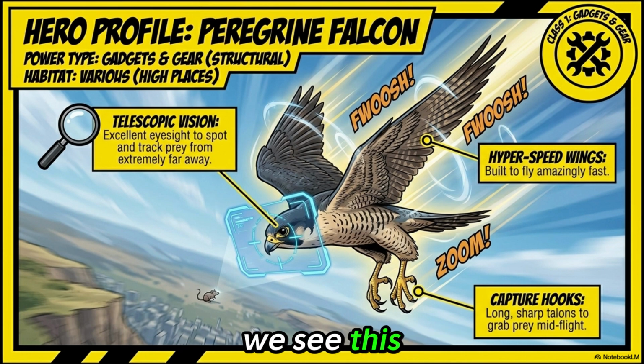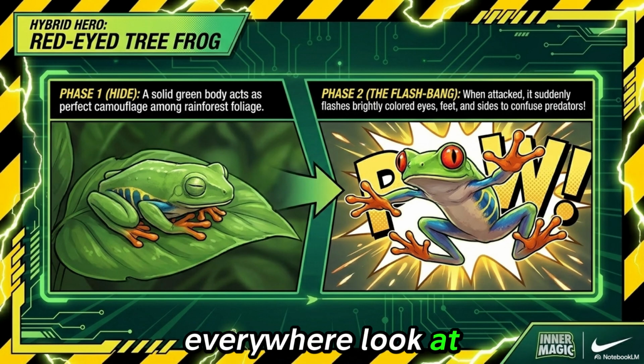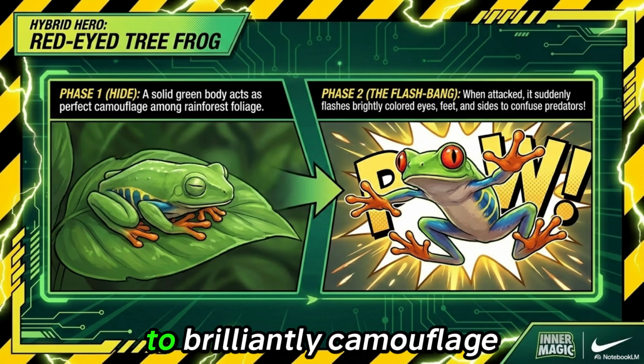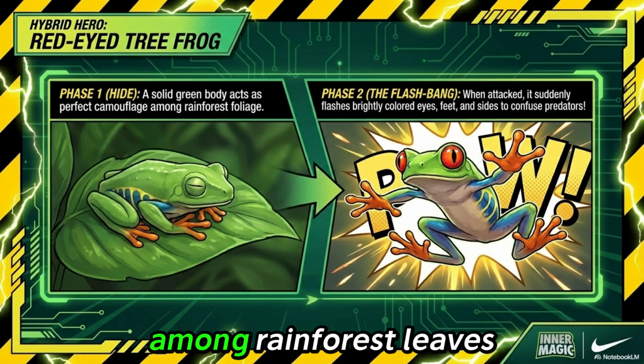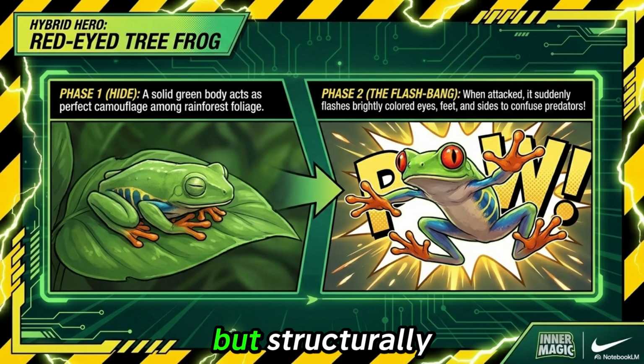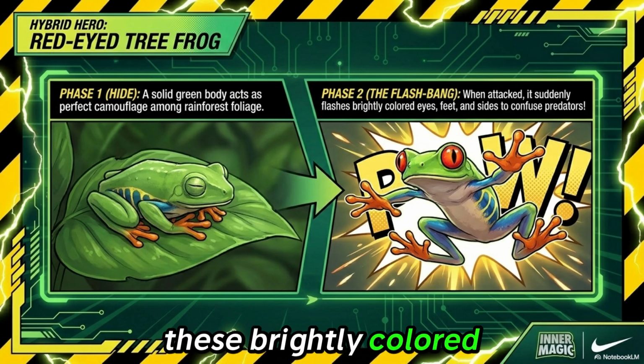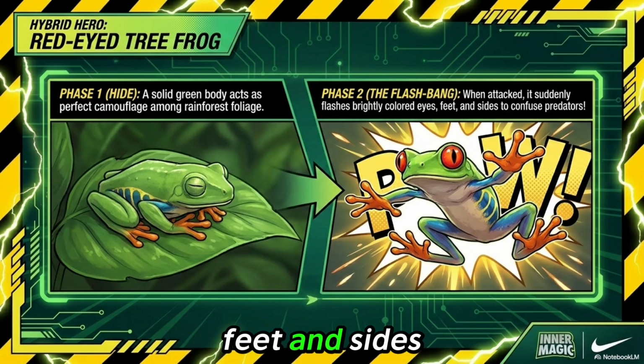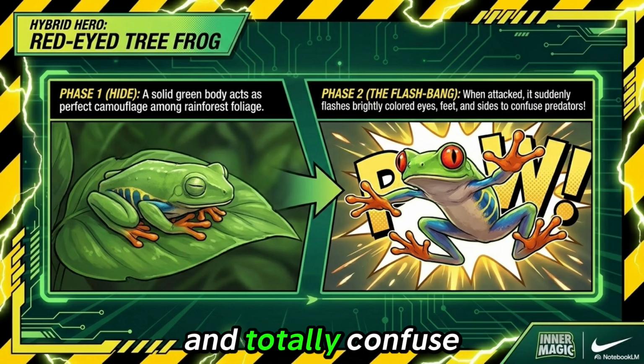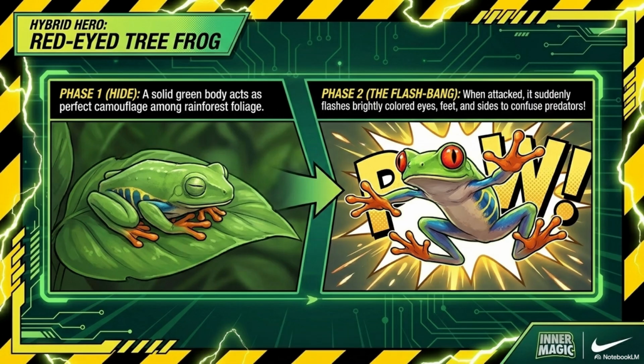We see this everywhere. Look at the red-eyed tree frog. It uses a green body to brilliantly camouflage among rainforest leaves. But structurally, it also possesses these brightly colored eyes, feet, and sides specifically designed to flash and totally confuse predators.